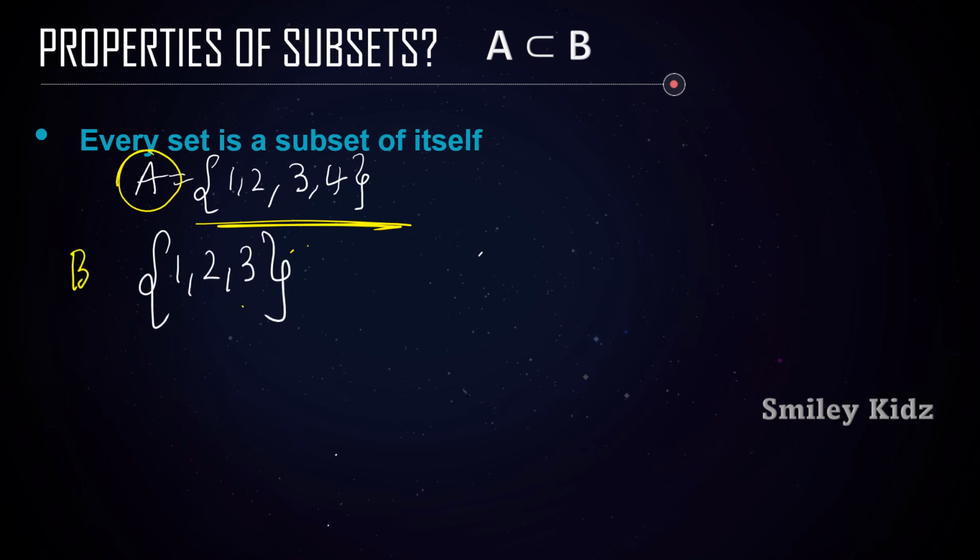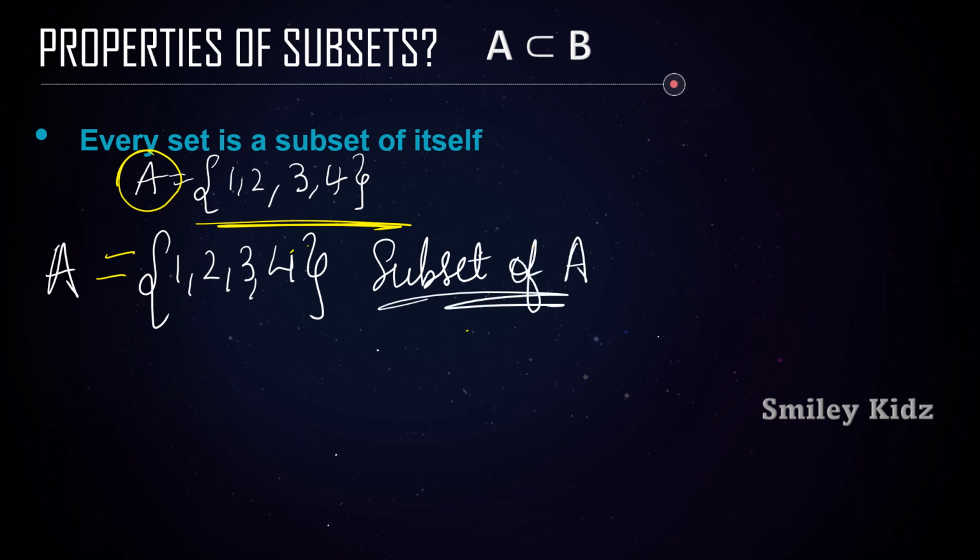Now B is {1, 2, 3}. That means if all the elements of B are present in A, then B is a subset of A. Now what if I add 4 as well? Isn't that the same set? Can I name this as A only? This is a subset of A.